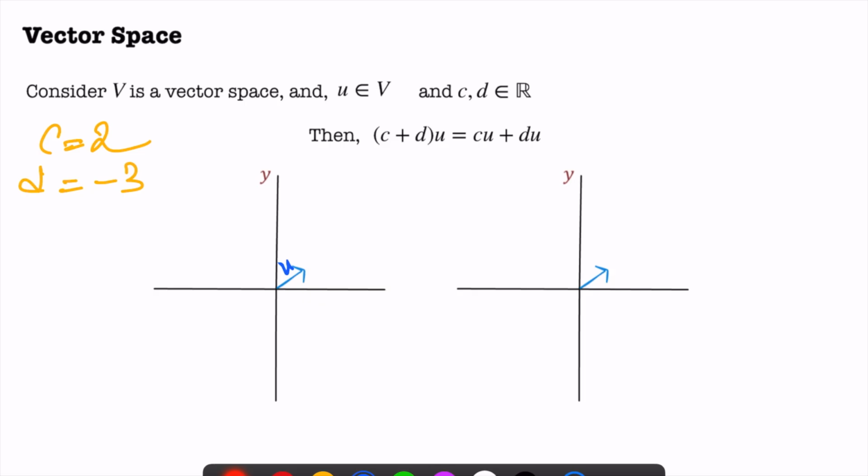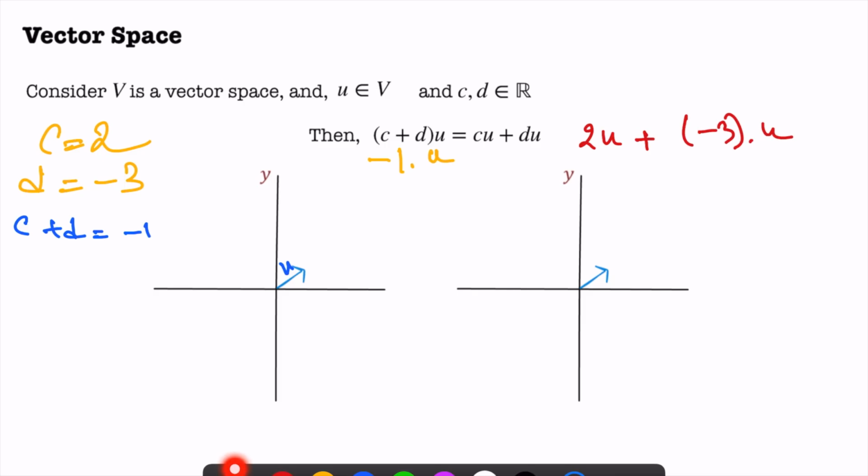Now c plus d is minus 1, right? So the left hand side is basically minus 1 u, and the right side is 2u plus minus 3u.